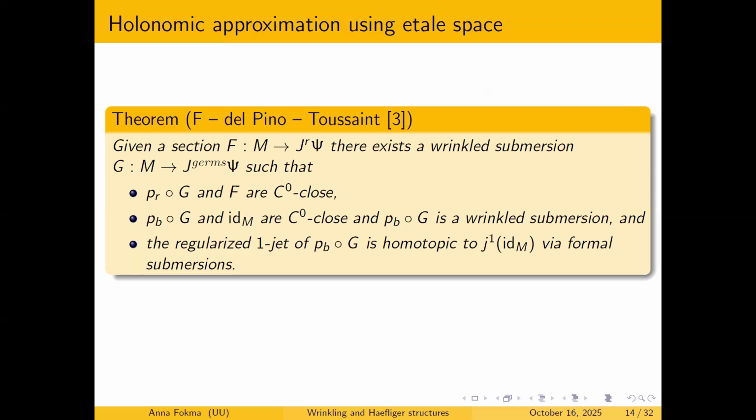I have a picture of G in a minute, so there you'll see that it is indeed not a section. But not all is lost because the next two items tell us that it is in some sense close to being a section.